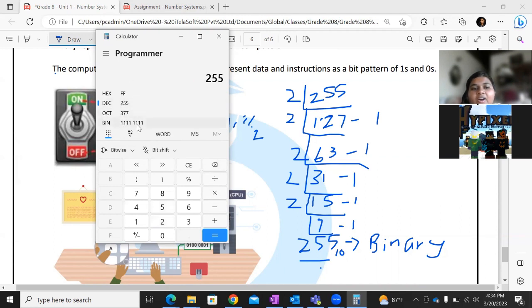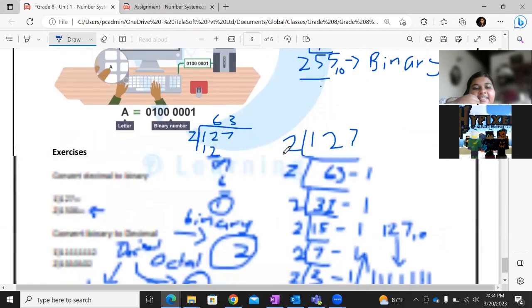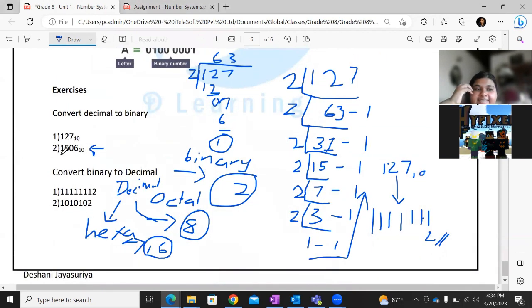We can get all 8 numbers together. So there are the same way, all ones like this. Okay, so we can do the same way for this number.